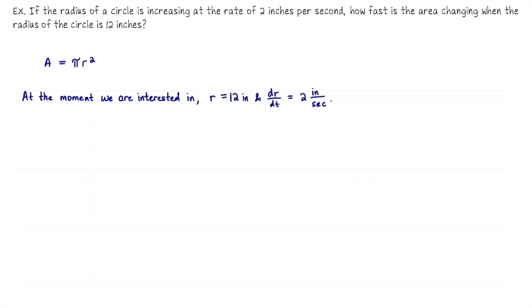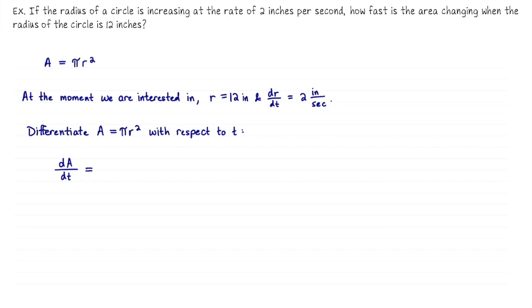Now, following the train of thought of method 3, as I called it a minute ago, let's differentiate the equation A equals pi r squared with respect to t. So here pi is a constant, but r and A, the radius and the area, are changing as time changes. So each of them is a function of t. On the left-hand side, we have dA dt, and then on the right-hand side, it's r of t squared.